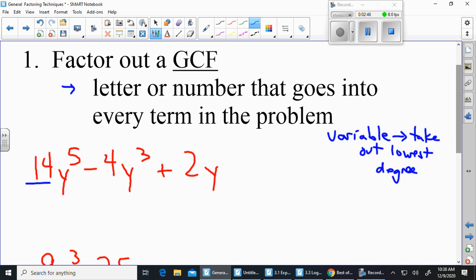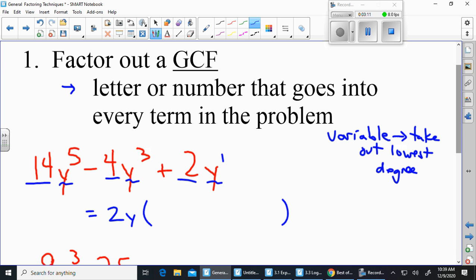If I say factor out the greatest common factor, first thing, is there a number that goes into 14, 4, and 2? Yes, 2. I have a y to the fifth, a y cubed, and a y to the first. They all have a y, so I can take out a y. I'm going to take out the lowest degree, which would be 1.